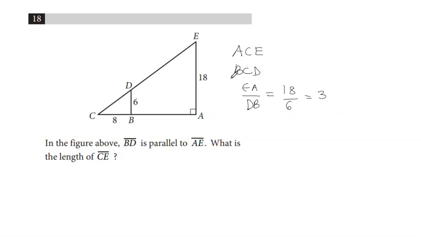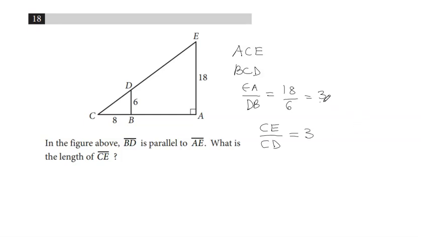So since we are saying that the ratios of the corresponding sides should be equal, it also means that if we take CE, for example, which corresponds to CD, this should also be equal to 3.